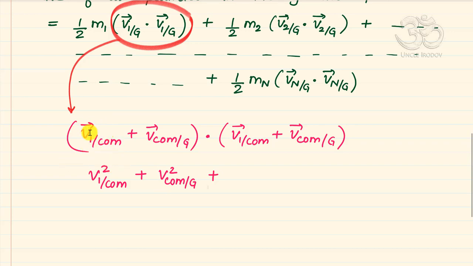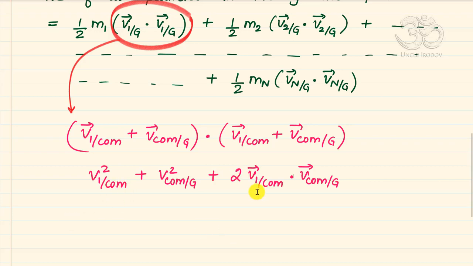So V1 with respect to center of mass dot V center of mass with respect to ground, or V center of mass with respect to ground dot V1 with respect to center of mass, it's the same thing. So I'm going to end up with 2 V1 with respect to center of mass dot V center of mass with respect to ground. This is the last term.